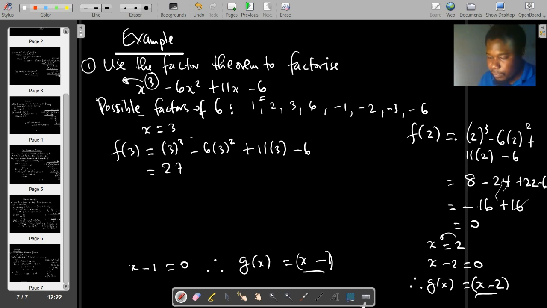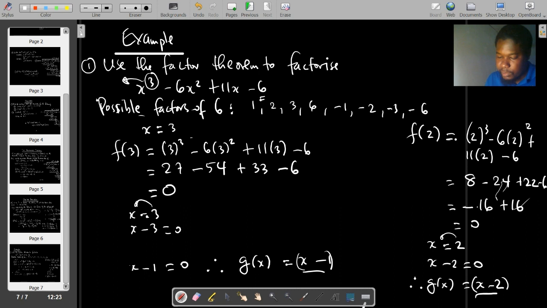So it's 27 minus 54 plus 33 minus 6, giving us 0. So x equals 3 can also give us a factor. We move the 3 to that side: x minus 3 equals 0. Therefore, g of x equals x minus 3.